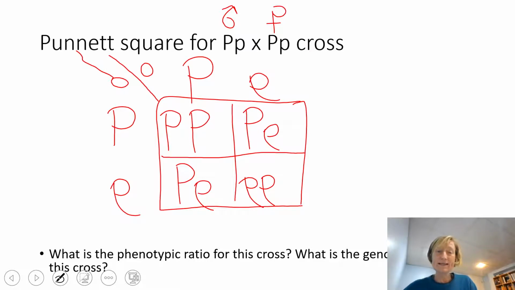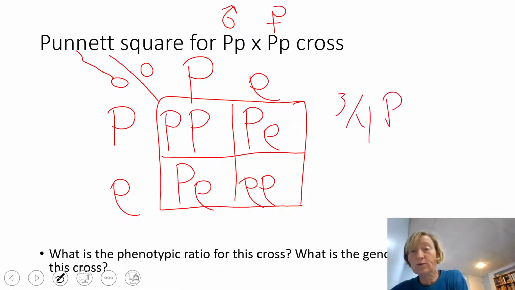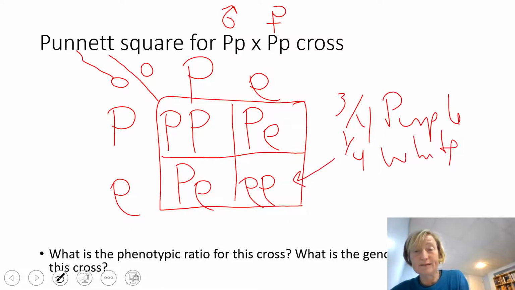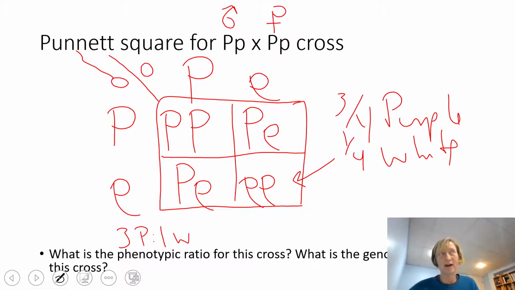And so we can see a 3-to-1 or a 3/4 to 1/4 phenotypic ratio of purple to white. 3/4 of these offspring should be purple and 1/4 should be white. That's these guys down here, right? That's the phenotypic ratio. Sometimes we write it as 3 purple to 1 white. If you want to write it that way, I like to use fractions because it makes it easier for me.